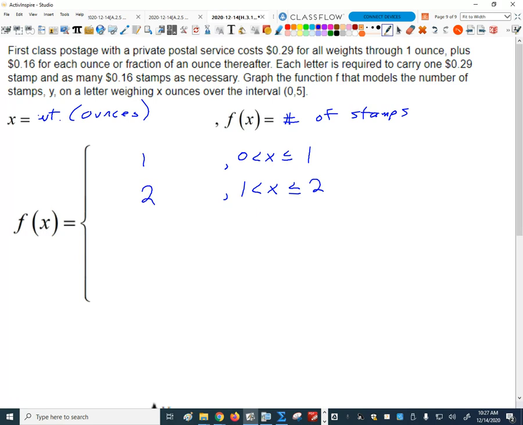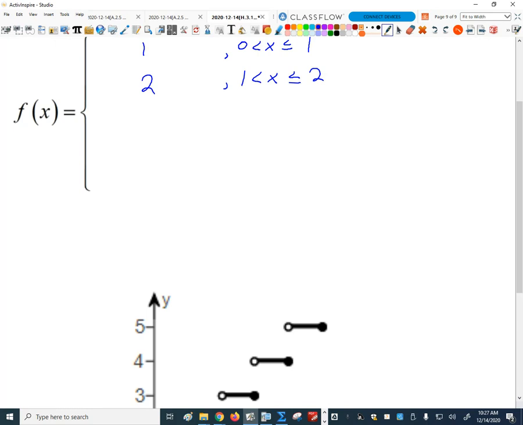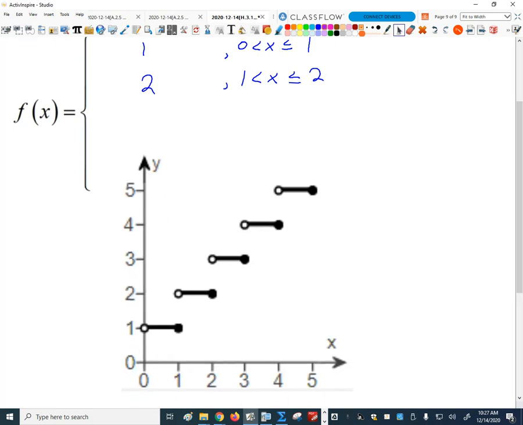Right? Now, if I were to graph this thing, what's it doing, though? This is a little bit different than what we saw last time, isn't it? Right? This time, instead of rounding down, we're rounding up, and so this is called a ceiling function. That's what we'd call this.